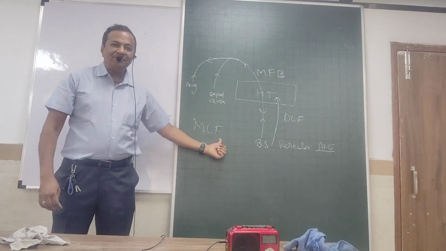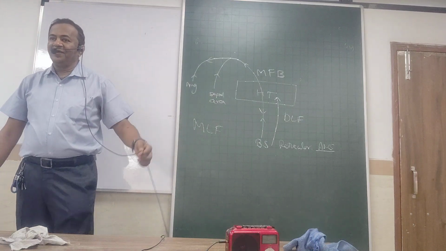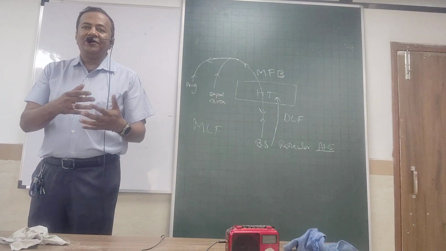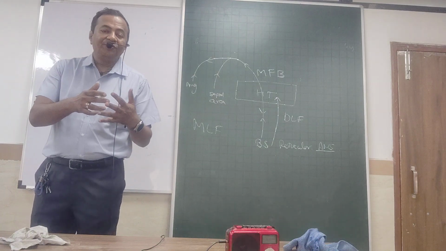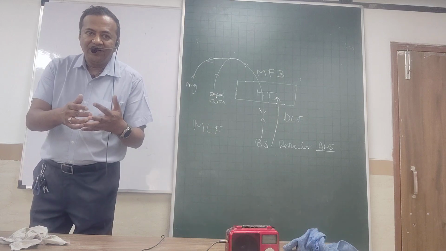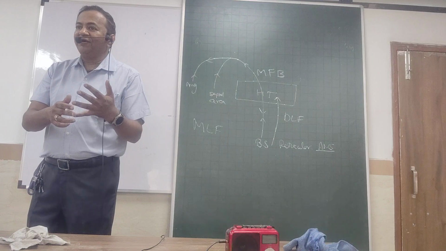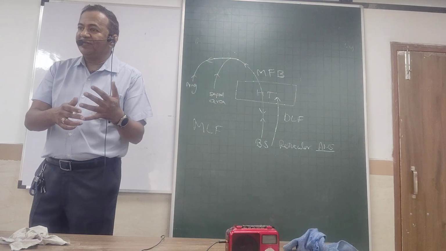This runs in the brain and connects all the cranial nerve nuclei. Cranial nerve nuclei 3, 4 and 6 need to be connected with each other. Why? For looking here and there. Then for talking we need cranial nerve number 7.